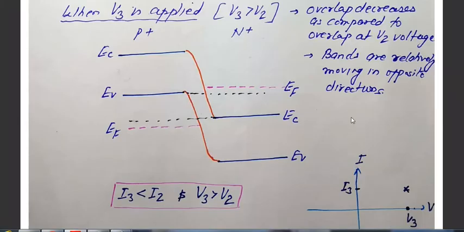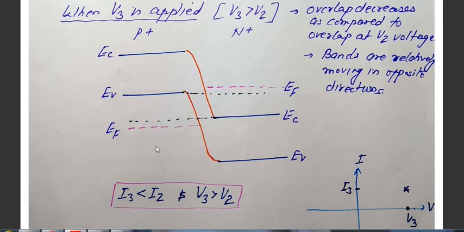Now in this energy diagram we are going to consider a case when we are applying V3 voltage, and this V3 voltage is greater than the V2 voltage. In this energy diagram we can see the overlap decreases as compared to the overlap at V2 voltage, because in this particular case the bands are relatively moving in opposite directions. This Fermi level is moving toward this direction, and this Fermi level is moving in this direction.